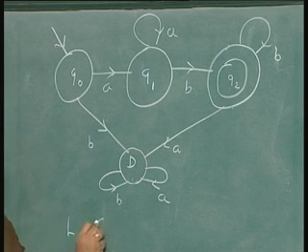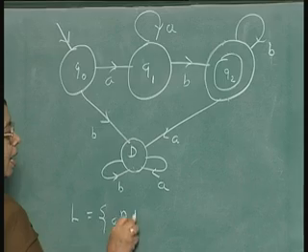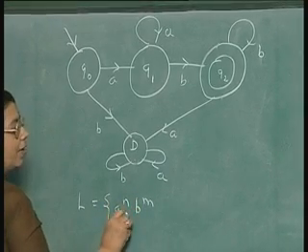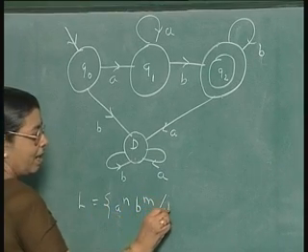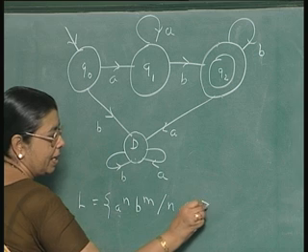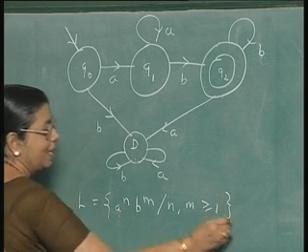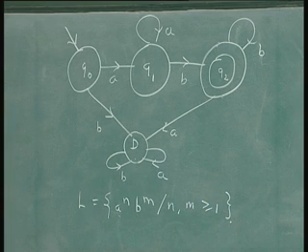L is equal to A power n, B power m, a string of A's followed by a string of B's, where n, m are greater than or equal to 1. There should be at least one A and one B.